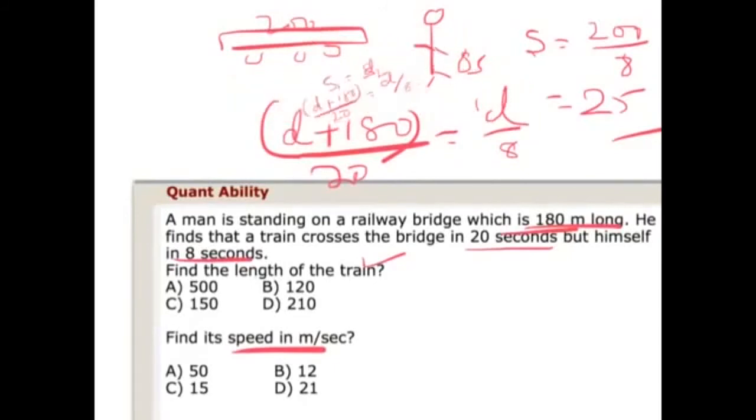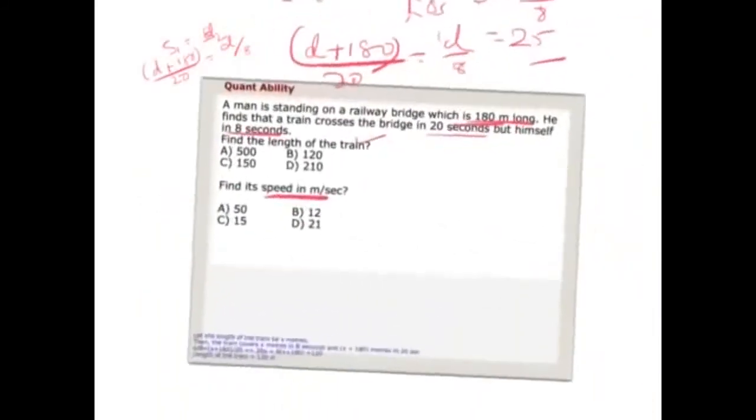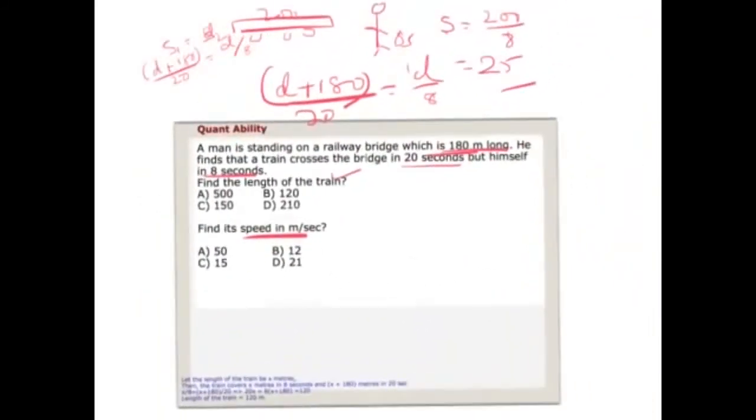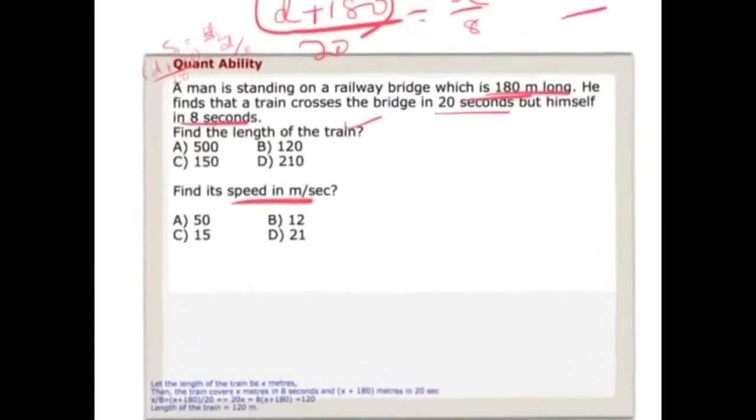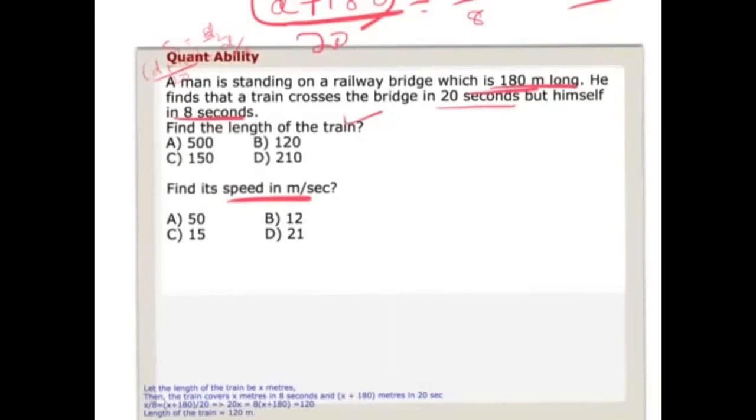So let me take the calculation part on the side, so that we can talk about the other things. Alright, if I try to use my shortcut here, the total time taken for the bridge and the man is 20 seconds. So out of this total 20 seconds, can I say 12 seconds is for the bridge and 8 seconds for the man?